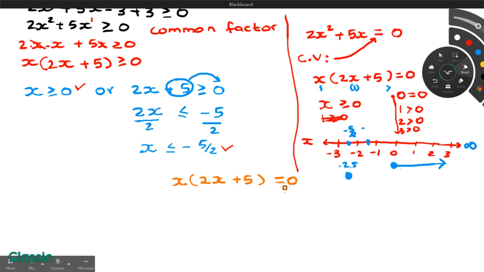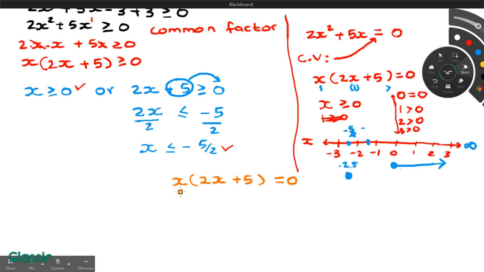Now, if I put an equal sign, it means that I'm looking for an answer. This side and this side must be equal. Which value can I put so that this side and this side are equal? I said it's 0. Because if I put 0 there and 0 here, 0 multiplied by any number is going to be 0. But is this the only value? Here it says is equal or greater.